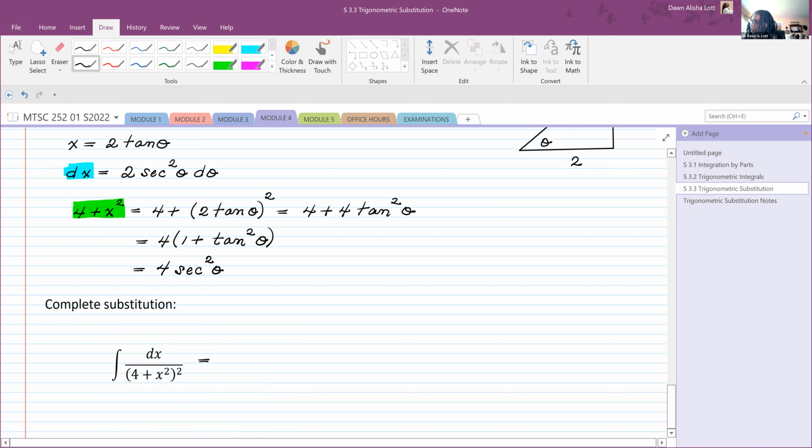So this is the integral. dx is 2 times the secant squared of theta d theta. So that's the first part. And then in the denominator, I'm going to get 4 times the secant squared of theta, squared.